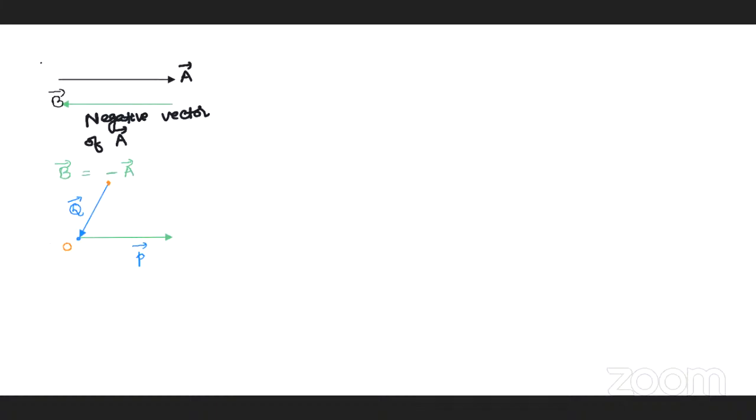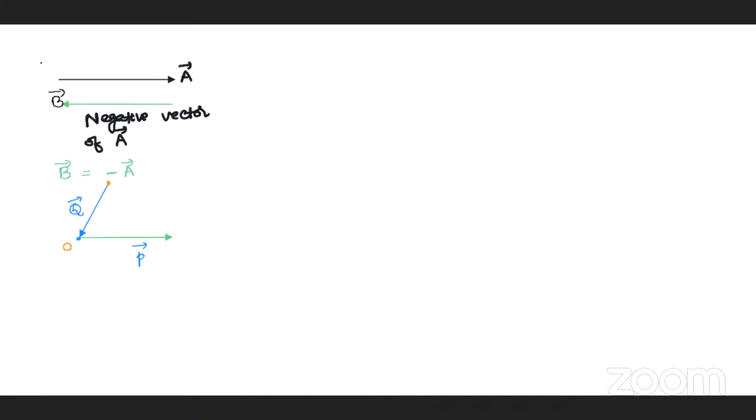But I want the resultant of these two vectors about the point O. They do not look like they originate from O.